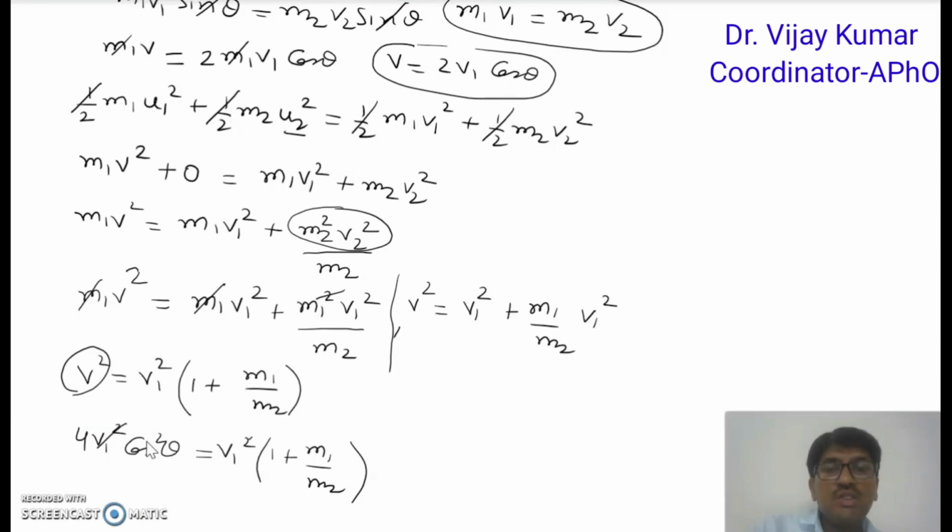The v1 square cancels out, and 1 plus m1 upon m2 is equal to 4 cos square theta.